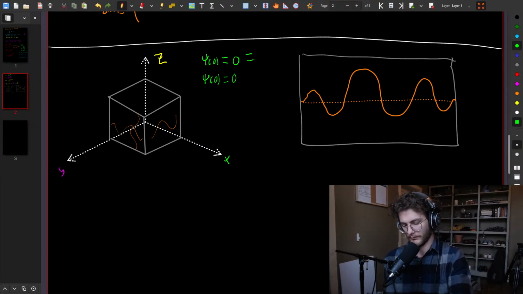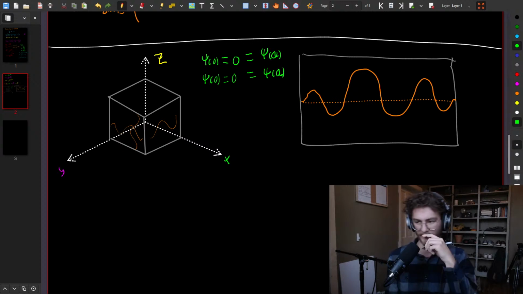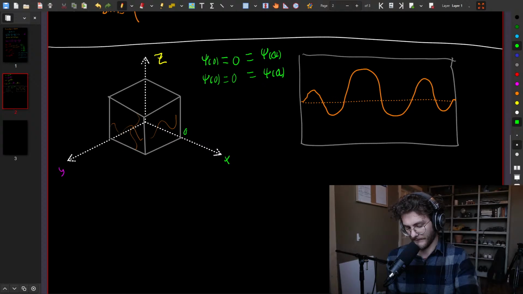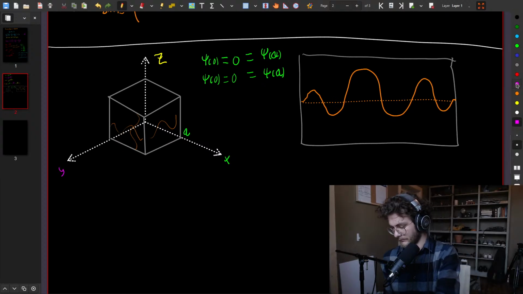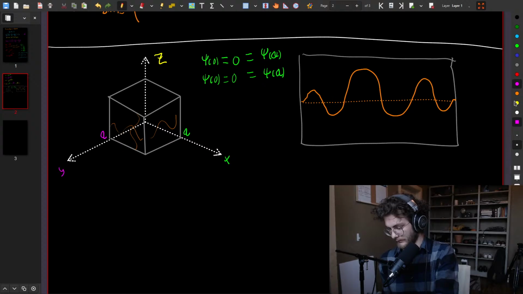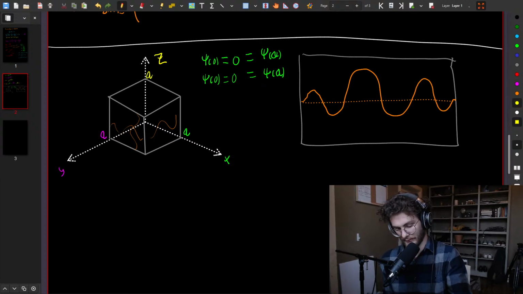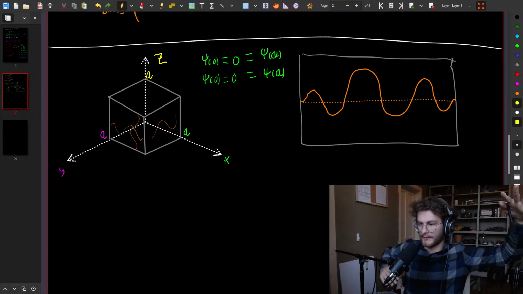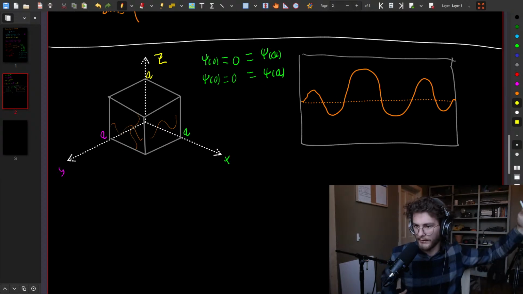Also, psi of a equals 0. What does a mean? That's a, the size of the box from 0 to a.